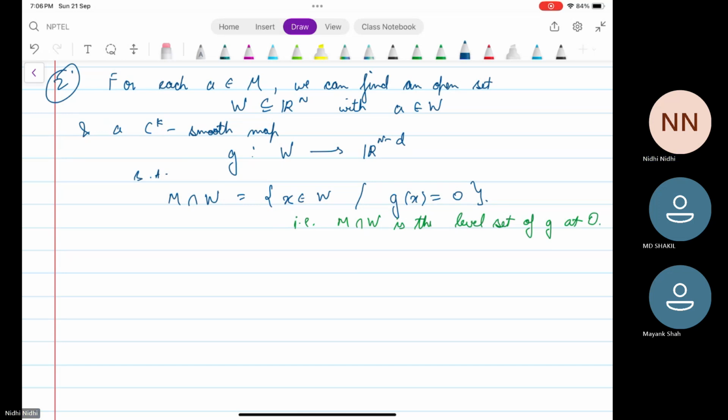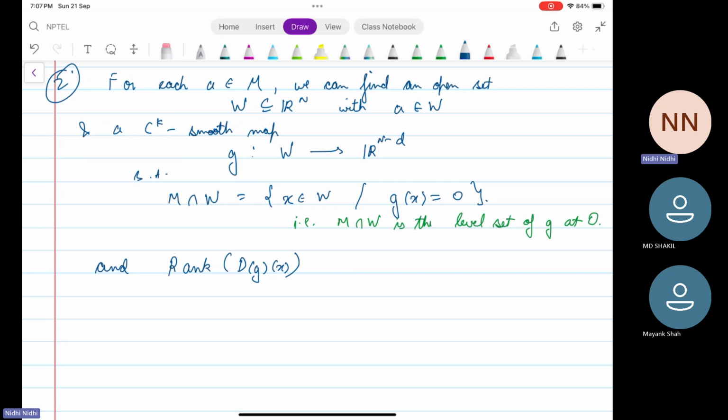And we have one more condition. This function G is such that dG will be a linear map, and eventually that can be represented by a matrix. That matrix will have a rank and a nullity.